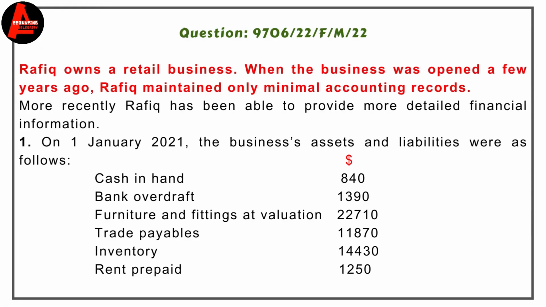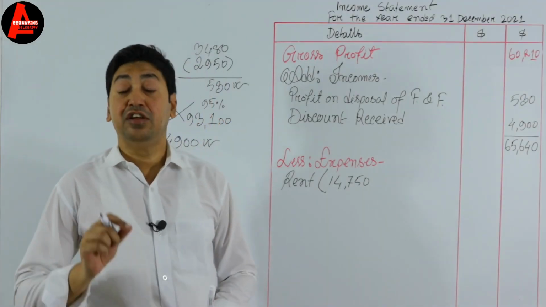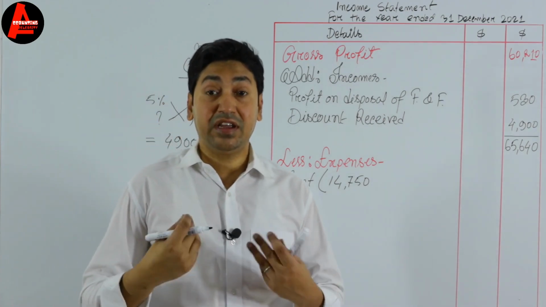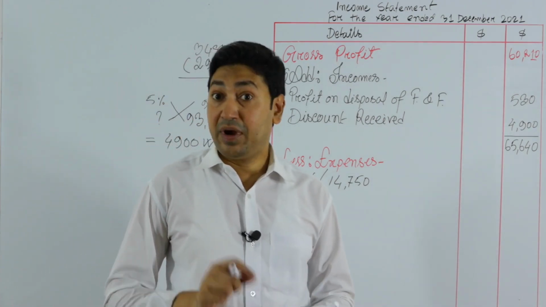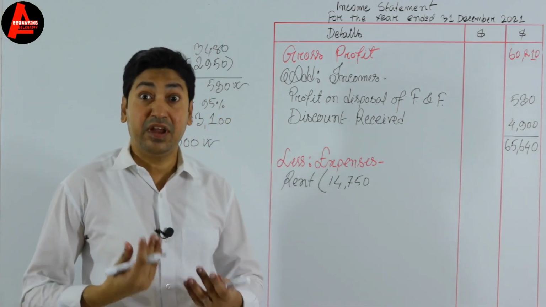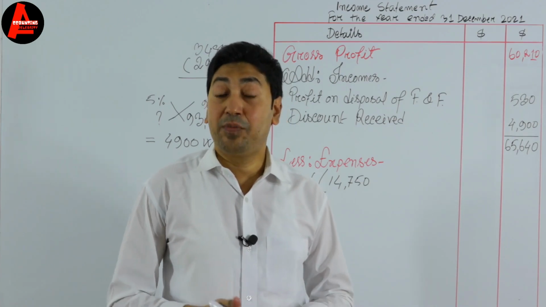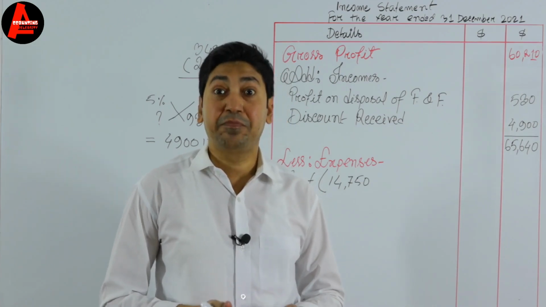So here on 1st January 2021, the business's assets and liabilities were as follows. Here we see rent prepaid, $1,250. Prepaid means we always subtract, but this amount will not be subtracted, it will be added here. Many of you will make a mistake here. Why added? This is the opening balance, opening prepaid.